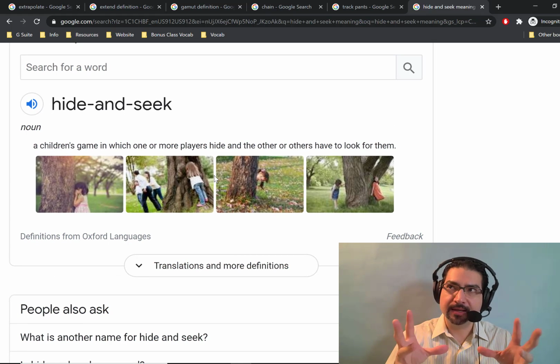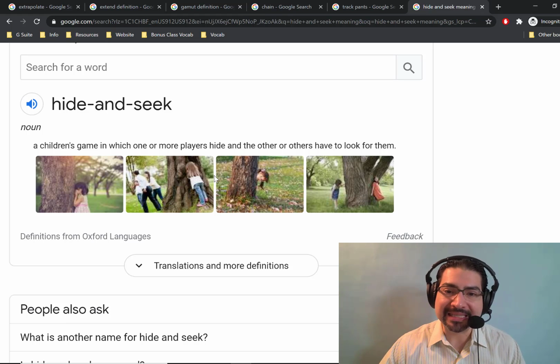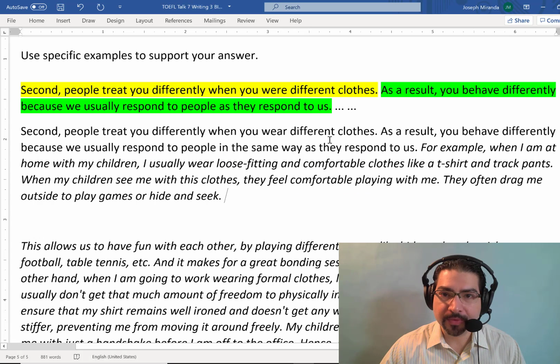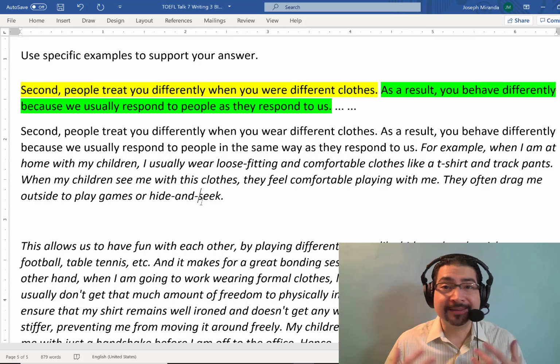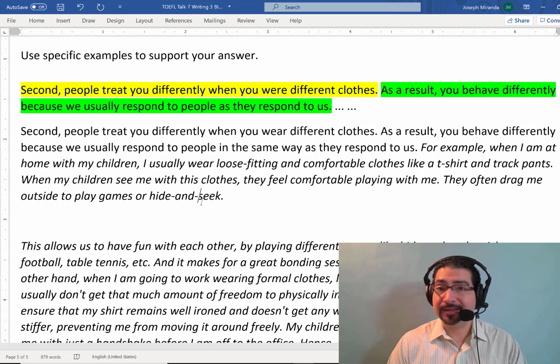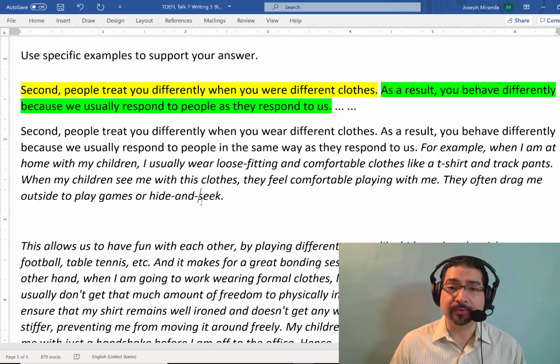Usually we hyphenate a few words when they form one clear idea, like this is one game. So we have hide-and-seek. And so this little dash, well, it's not a dash, it's a hyphen, the hyphen between words. And again, the power of just Googling and putting definition or meaning. That tells you how to spell things, what they mean, how we use them.